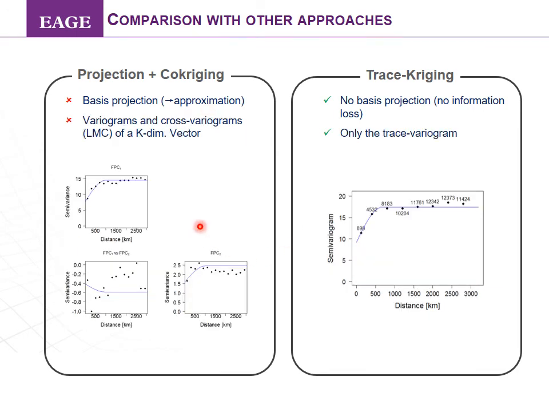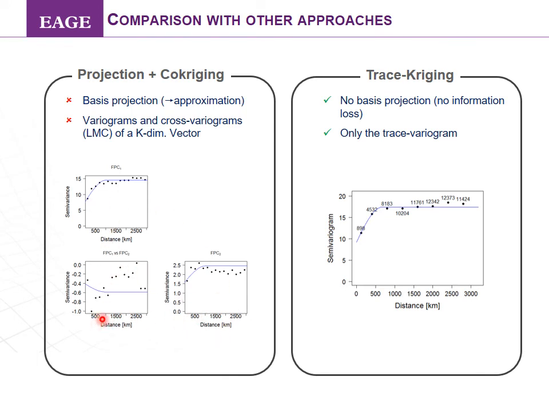If I, for example, retain only the first two principal components, which in this particular case is 90% of variance, then I can calculate the variogram of those principal component scores, and I also need to calculate the cross variogram between those two. This is fine if you have two variables, that can easily be solved.